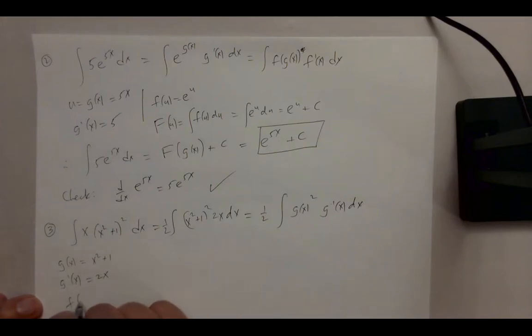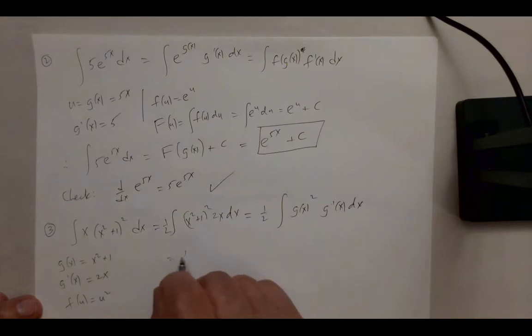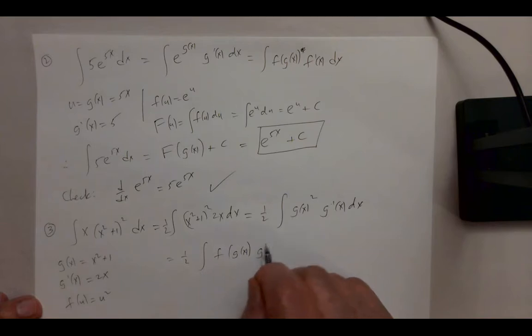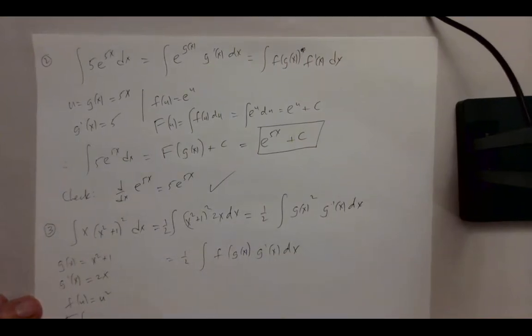If I let f of u be equal to u squared, this is 1/2 f of g of x, that's g of x squared, g prime of x dx. If I let capital F of u be the antiderivative of little f of u, that's the integral of u squared. Oh, well, we saw that a few minutes ago. That's a third u cubed.